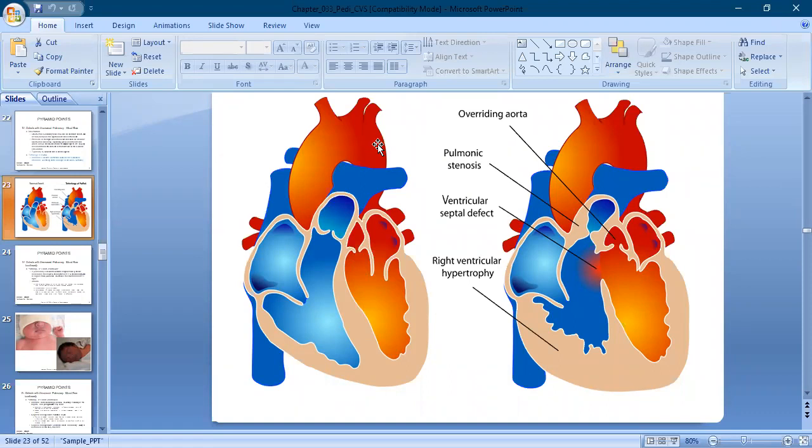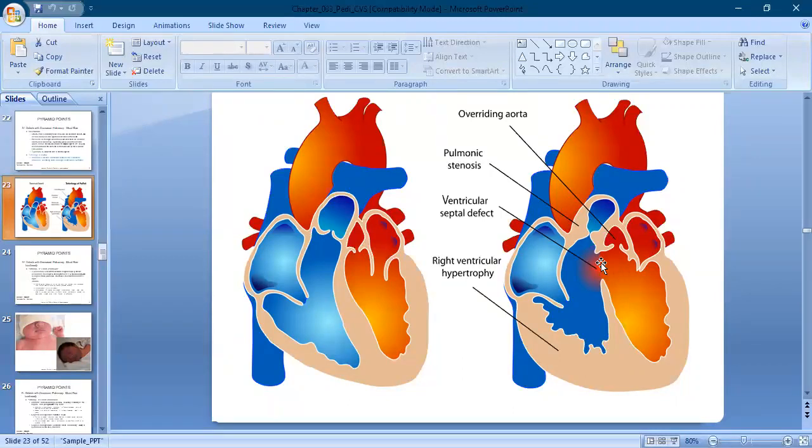The patient easily fatigues, gets tired, growth retardation, because tissue does not get enough oxygen. This is called ventricular septal defect, one of the tetralogy of Fallot. Ventricular septal defect sometimes corrects automatically. If not corrected automatically, we can correct it surgically.